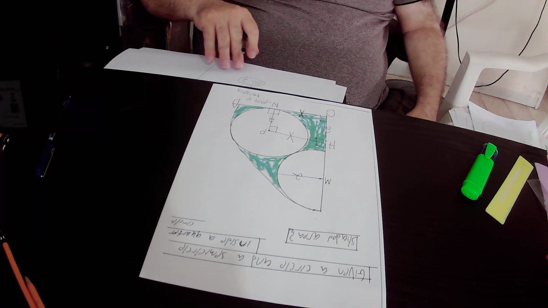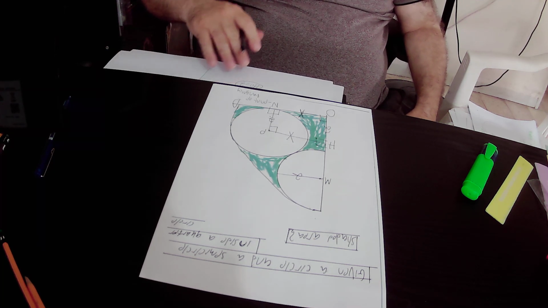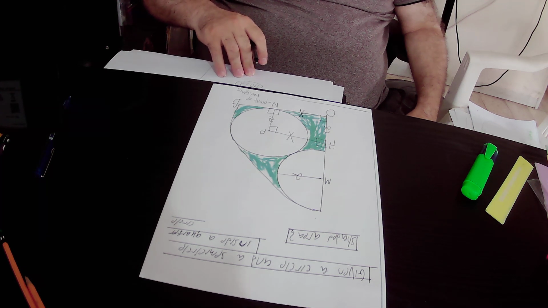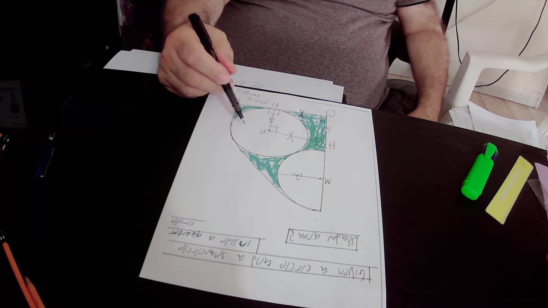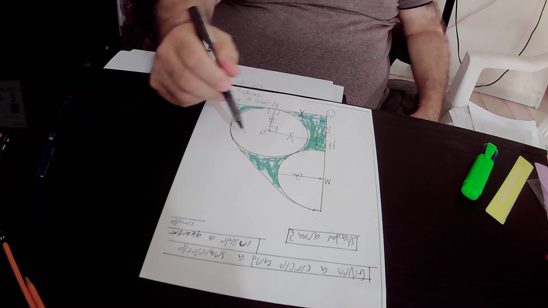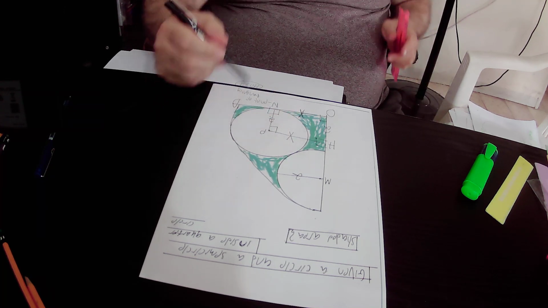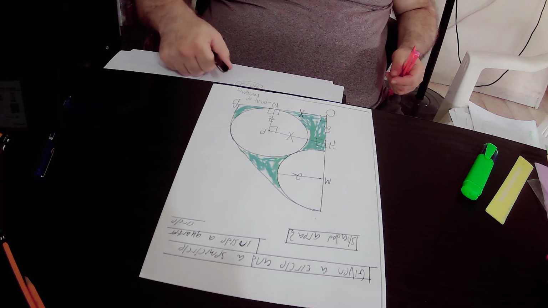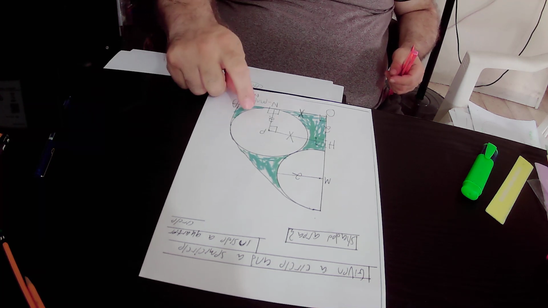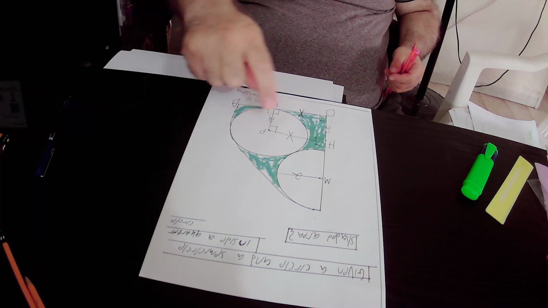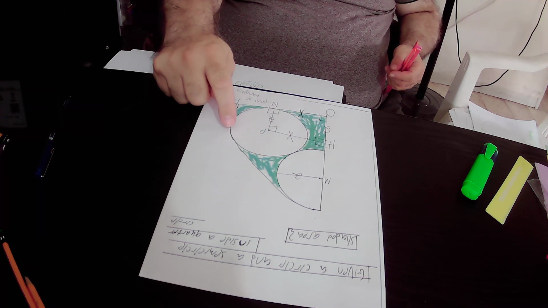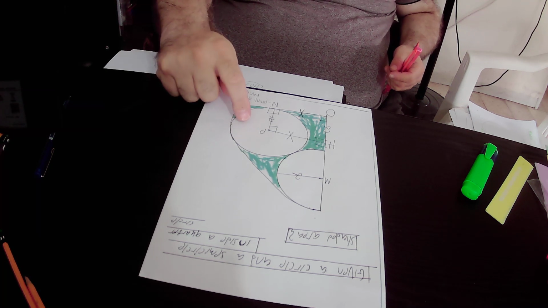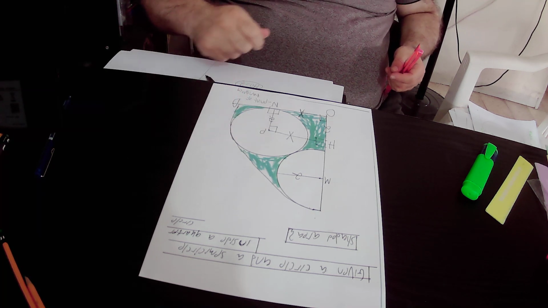And here, the circle is tangent to the quarter circle at this point. So the circle and the quarter circle have an internal tangency between them at this point. This is the touching point between the circle and the quarter circle.